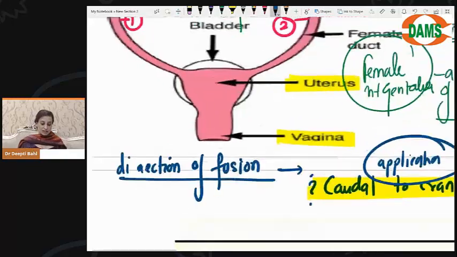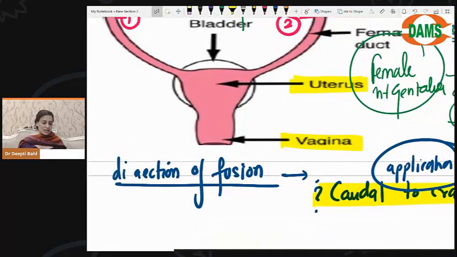But there is another very interesting thing in the picture of the female internal genitalia. If you see the uterus here, have we shown it to you like a solid organ or an organ with a cavity? What do you see here? Is it a solid organ or an organ with a cavity?